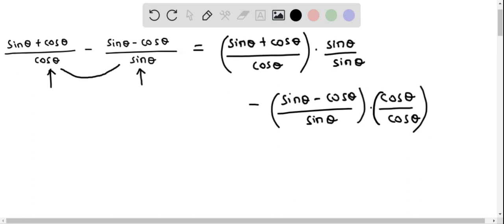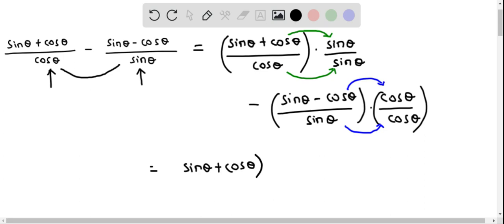Now let's simplify this. So here we have this numerator term. These two have to be multiplied, as well as the denominator terms. And same thing we do for the next term, that is multiply the corresponding numerators as well as the denominators. For the first fraction, we will get sin theta plus cos theta times sin theta, over the denominator.